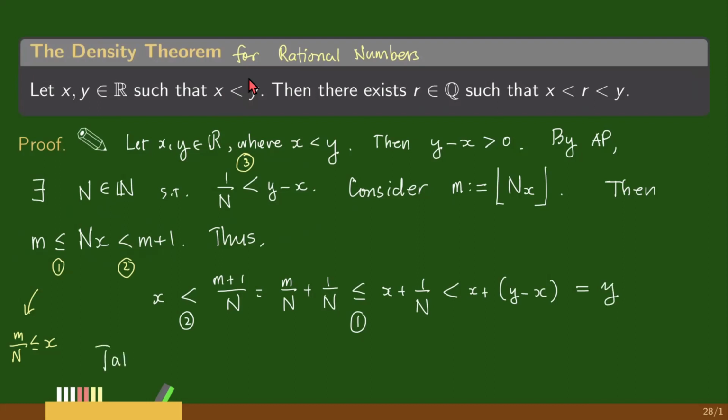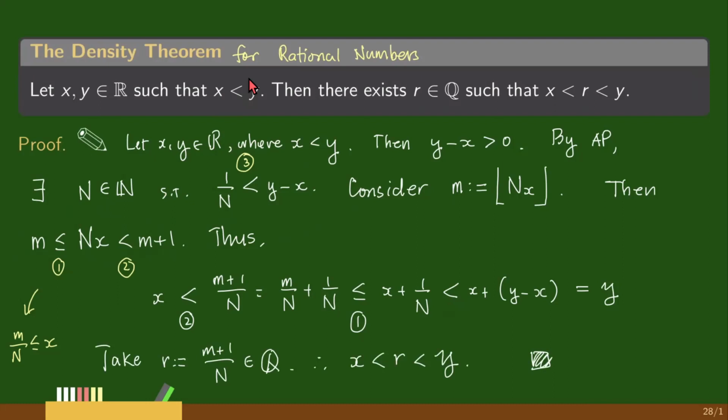If I take R to be M plus 1 over N, remember, M is an integer, N is a positive integer, therefore, M plus 1 all over N is a very nice rational number. Ano na pala natin? Yung R na yan is greater than X, at the same time, it's less than Y. And we are done. Ganun lang kasimple yung proof.